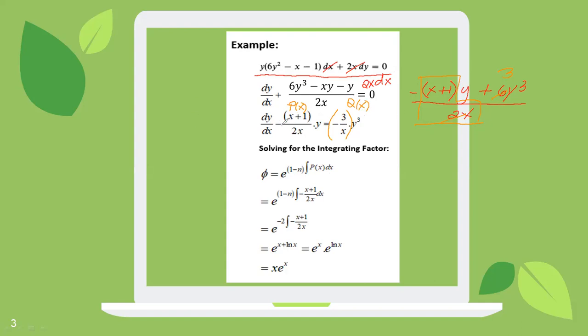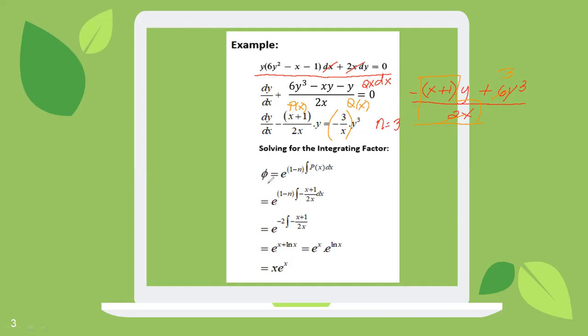I would like to emphasize the negative, because if you wrote positive, your answer would be totally wrong, because we are very, very careful with the signs of the p of x and the q of x, especially when we're dealing with this particular type of DE. Same thing with linear, because in the evaluation of the integrating factor, the sign plays a very important role. Your q of x is negative 3 over x, and your n, in this case, is 3. Your n is 3, okay?